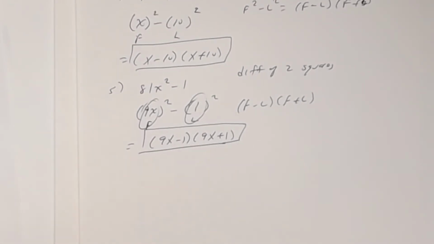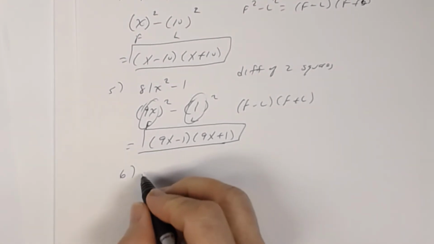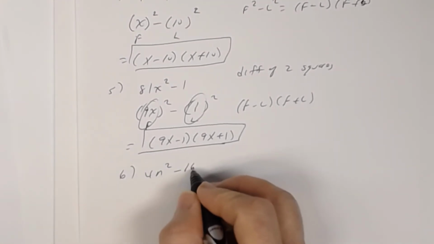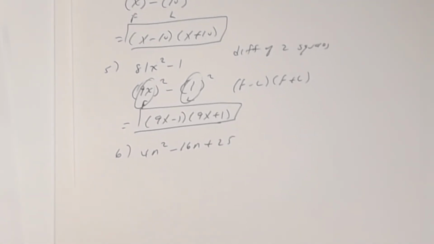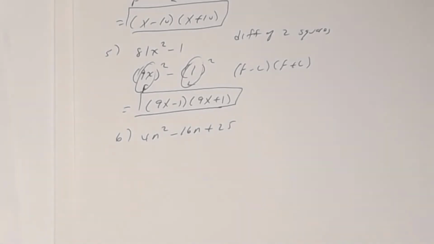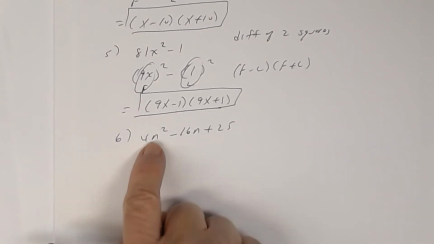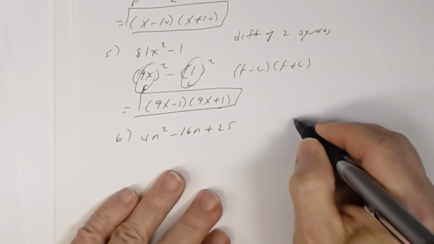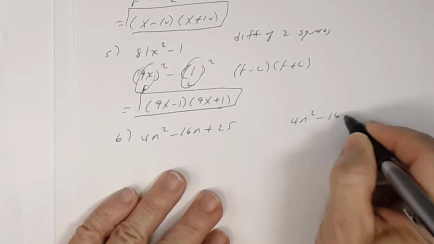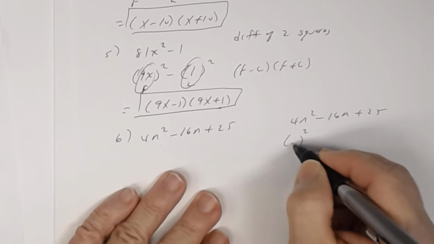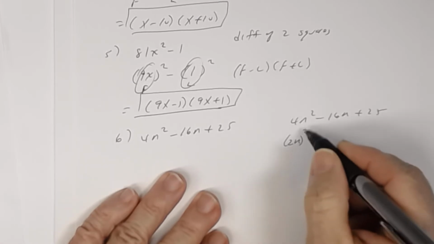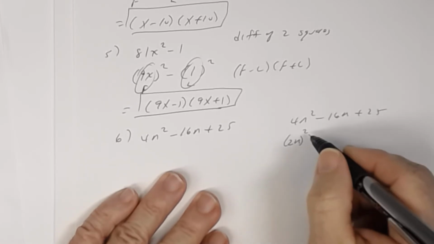All right, number 6, I have 4n squared minus 16n plus 25. Okay, so I want you to notice something. See this first term, that is 2n times itself, right? 2n times itself is 4n squared.